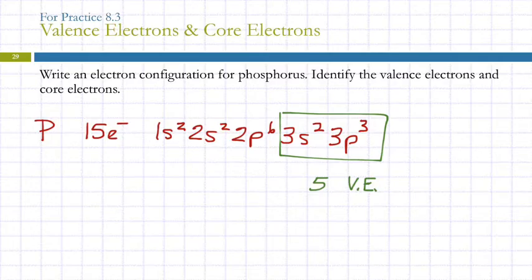That's not a coincidence. How many core electrons? And where are they? Well, it's the others, the ones in the lower levels. So there's 10 core electrons. These core electrons shield the valence electrons. Any questions?